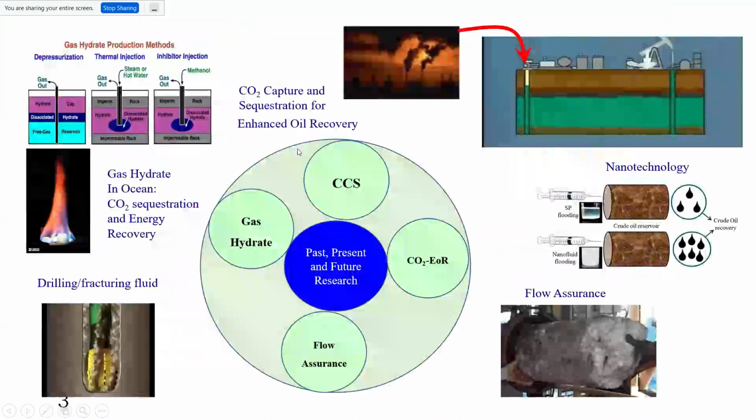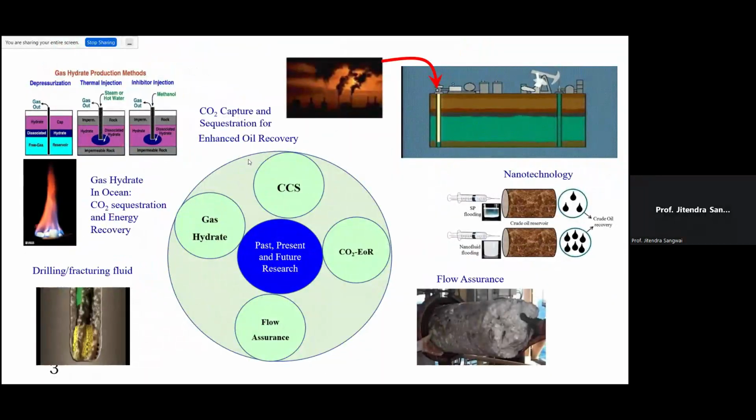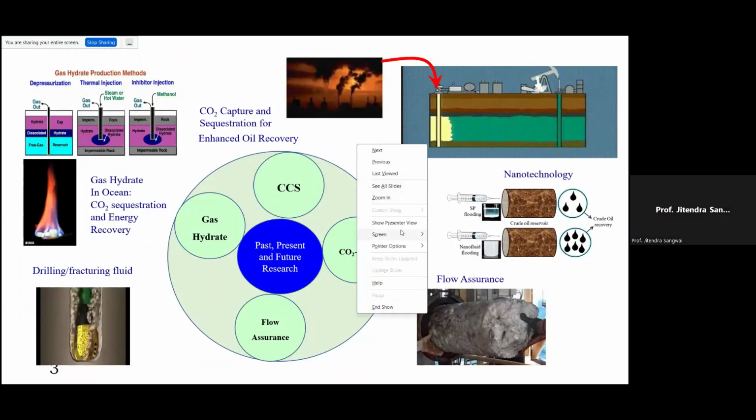I will not go into detail about my introduction, as I think it was already given, so I will skip that. Various activities have been carried out in our lab over the past 15 years on various aspects of the oil and gas industry. Specifically on the upstream side, we have been working on gas hydrate issues in the oil and gas industry, primarily flow assurance in the pipeline.